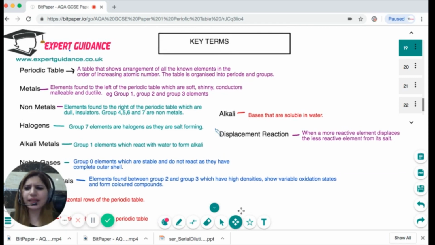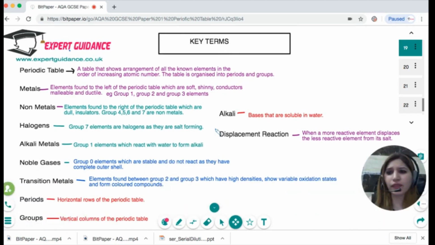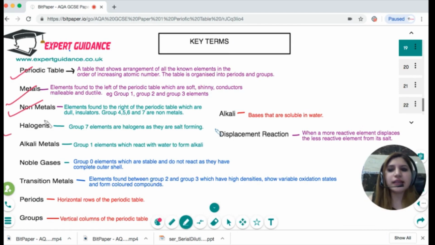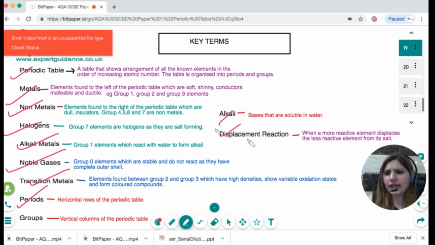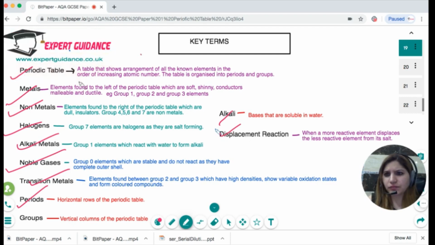Now let's quickly brush up the key terms that we saw in this unit. We discussed the periodic table, metals, non-metals, halogens, alkali metals, noble gases, transition metals, periods, groups, alkali, and the displacement reaction. Now, what is a periodic table? A periodic table is a table that shows an arrangement of all the known elements in the order of their increasing atomic number or proton number.